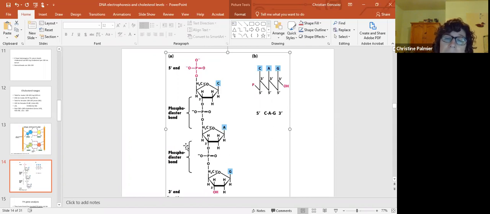It does emphasize the sugar phosphate backbone has phosphates with a negative charge, and that's going to be important later for separating DNA by cut DNA pieces by size to determine if someone has the mutated allele that dictates high cholesterol, or the normal allele that dictates regular cholesterol levels.